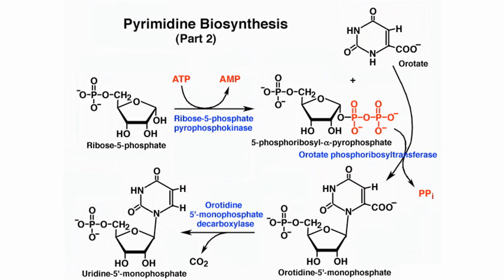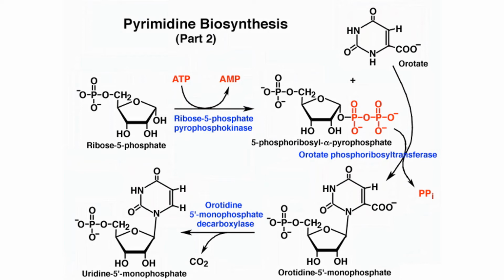So the second part of the phase 2 pyrimidine biosynthesis focuses on converting an organic base basically into a nucleotide.